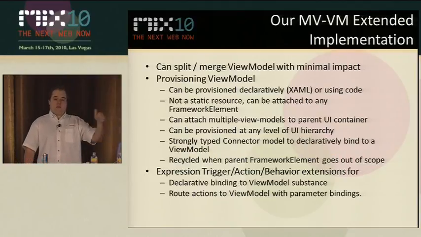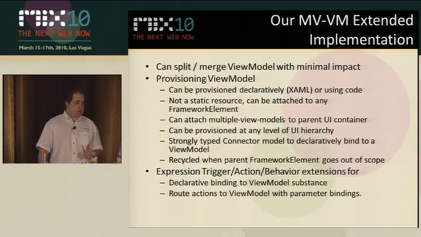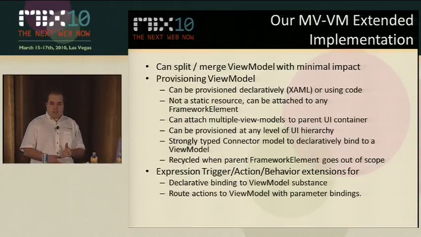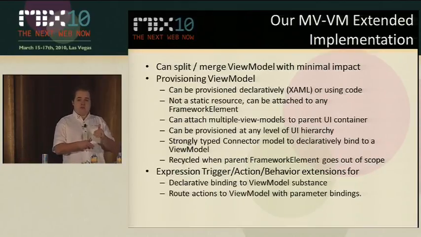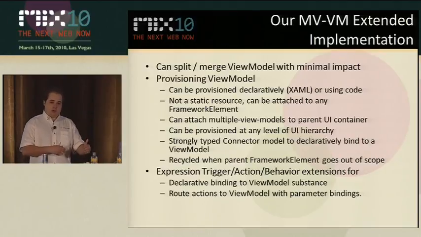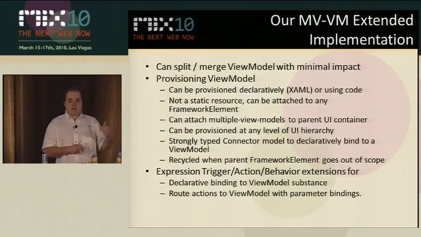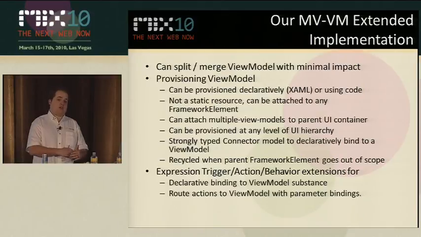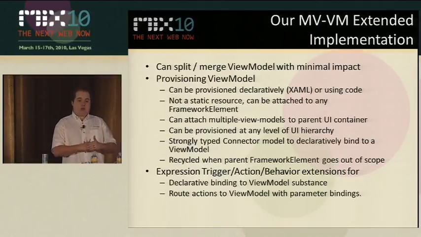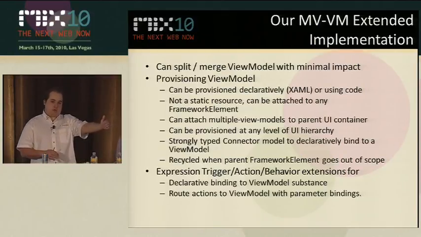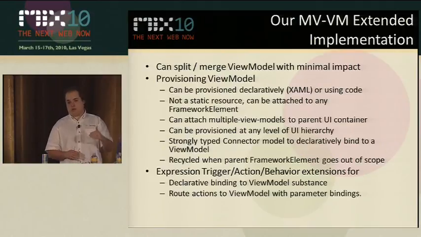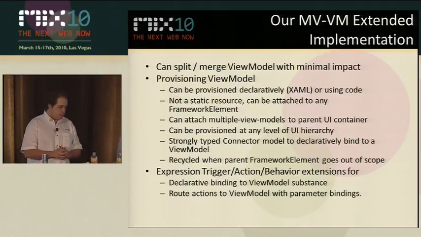If I want it to live less, I can move it closer to where I'm wanting to bind to it. In fact, I can split my view model, move some of it higher, bring some of it closer, and using two connectors, have one pointing to a higher level view model and one pointing to a lower level view model.